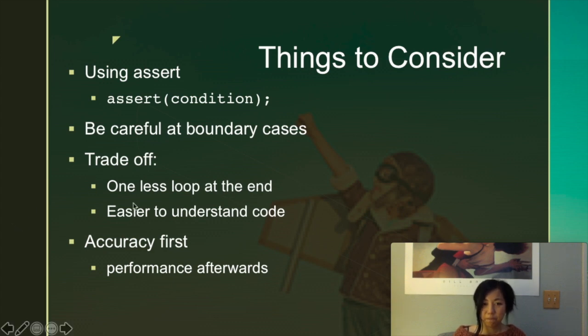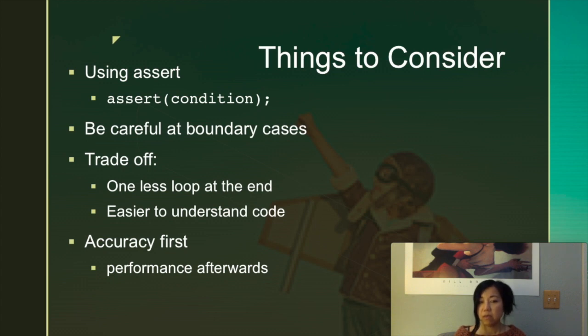Trade-off. Actually, I can make this code more efficient. I can actually not compare. For example, in the last one, you don't have to swap. The last one will be the last one, but we didn't do that kind of optimization per se.